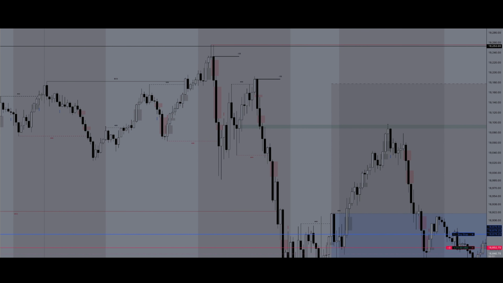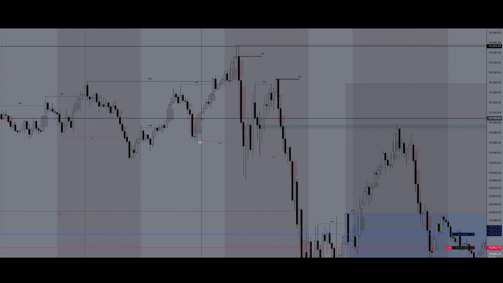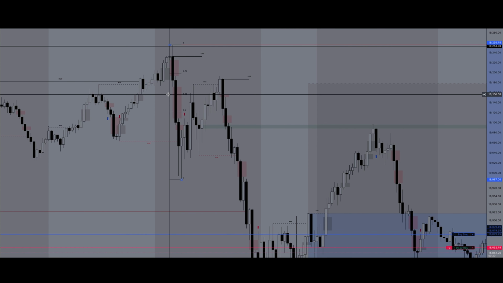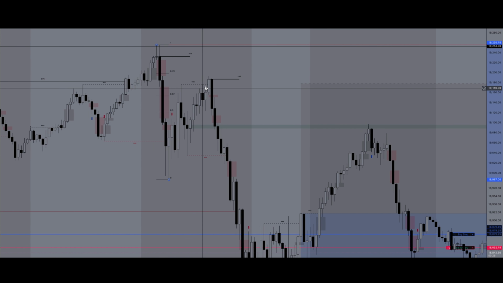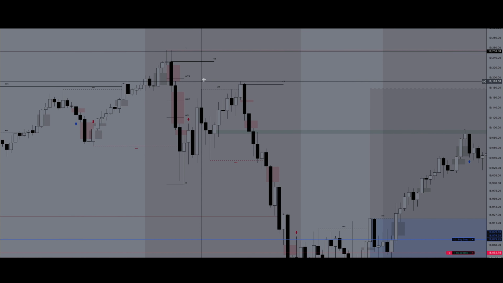So what you would do at this point is you see the sweep of not only this high here, but London high, and then you get that market structure shift at 9. I would definitely have drawn that fib to get my entry between that 62 and 79, which, as you can see here, was an amazing opportunity just off the 5 minute.